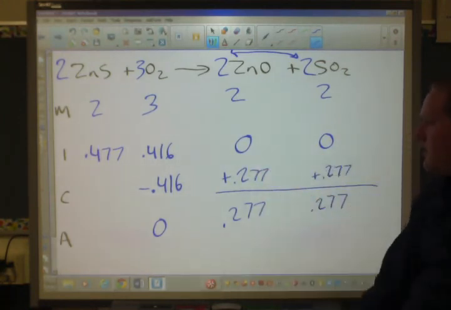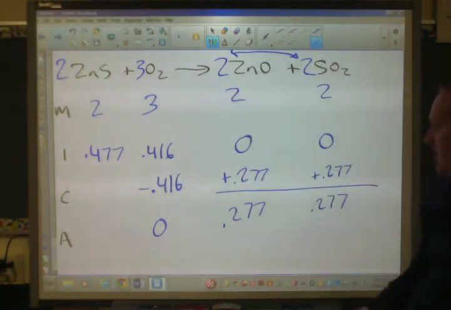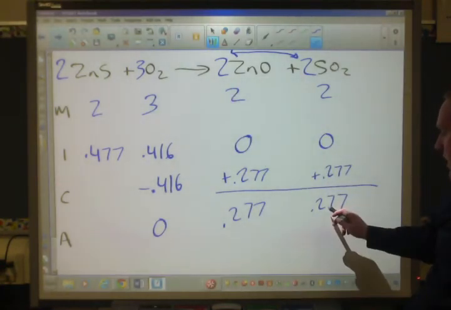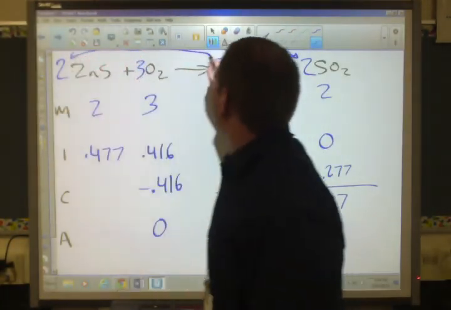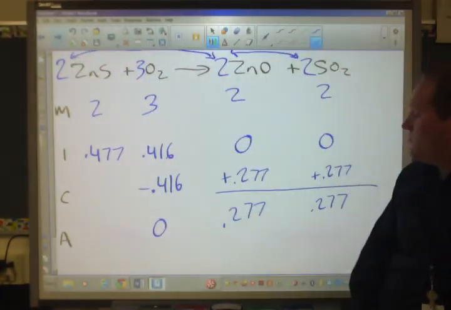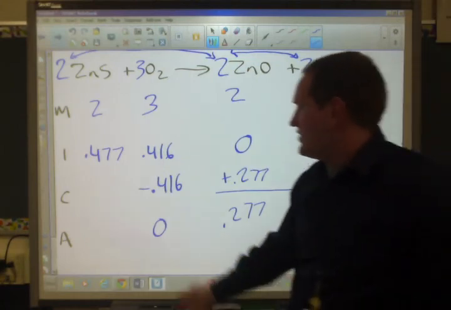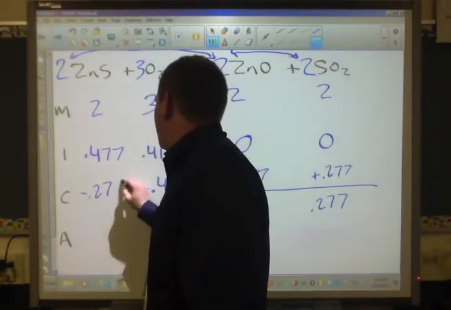Remember, this is just addition here, 0 plus, 0 plus. So this is correct. Now, how many moles of zinc sulfide am I going to actually use up? Well, mole ratios. Notice the 2 here matches the 2 here. So it's going to use this amount. So I'm going to say minus 0.277.